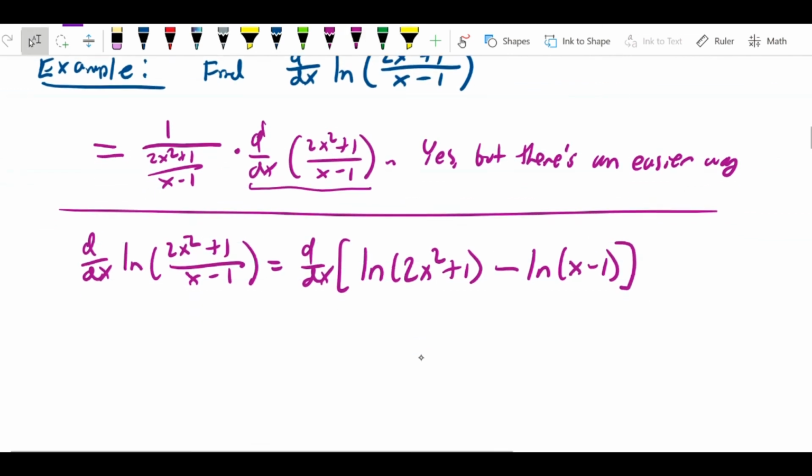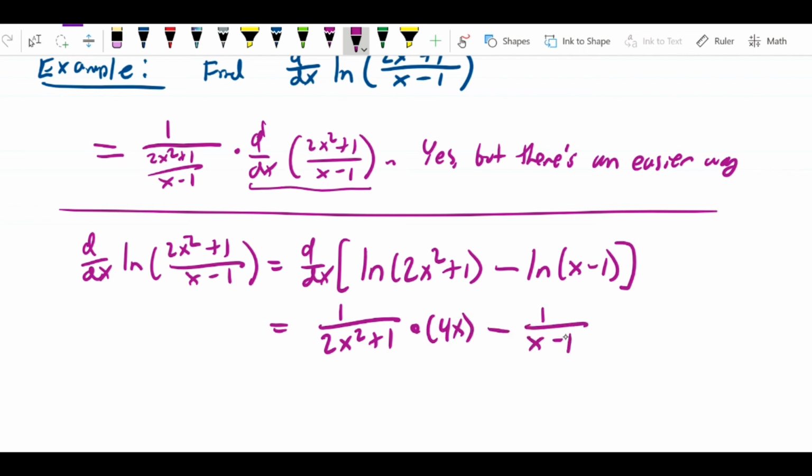So now I just have the derivative of two functions involving logs, so this is going to be 1 over 2x squared plus 1 times the derivative of 2x squared plus 1, which is 4x, minus 1 over x minus 1 times the derivative of x minus 1, which is 1. So just to clean that up a bit, we get 4x over 2x squared plus 1 minus 1 over x minus 1.